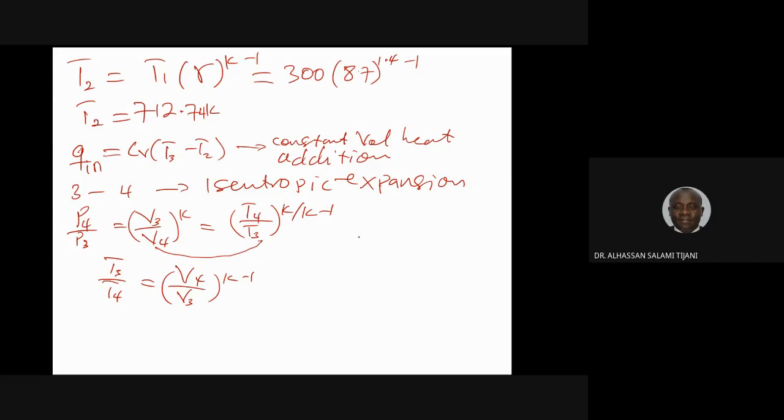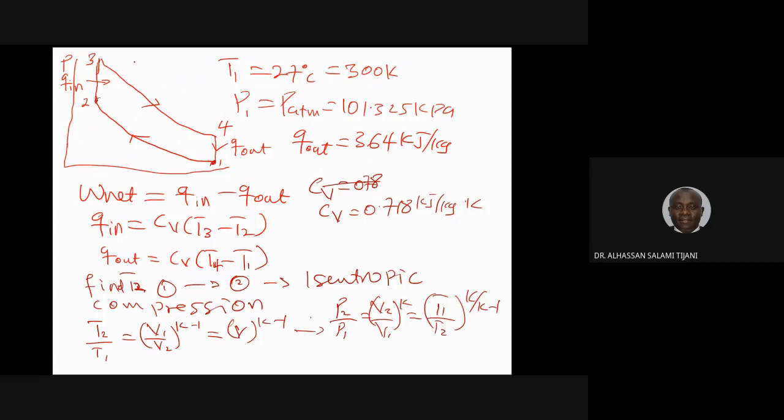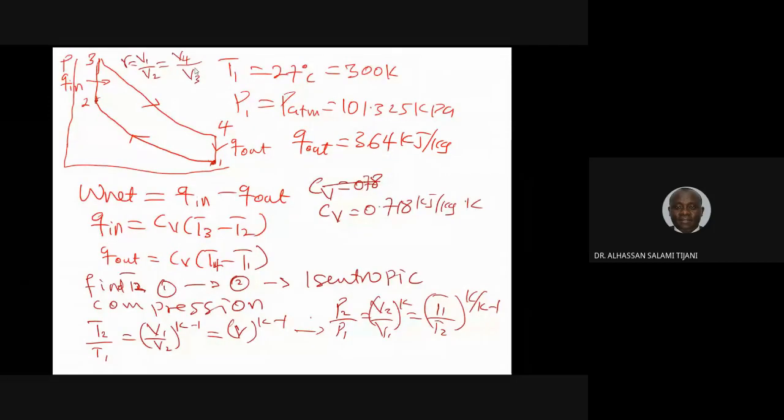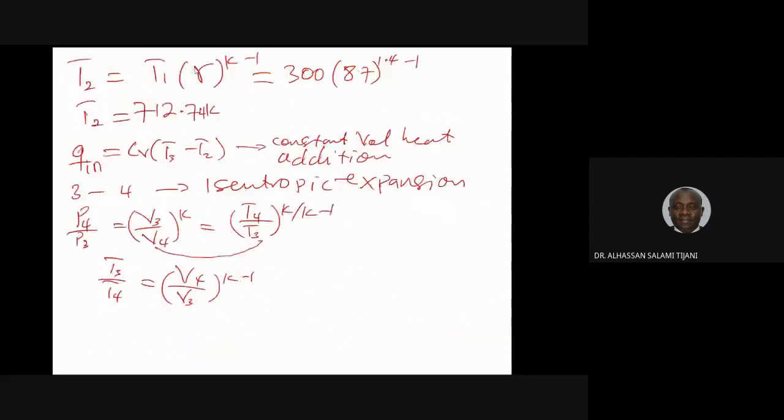But be careful over here. What is the definition for compression ratio? We have R equals V1 divided by V2. But this can also be expressed in terms of V4 divided by V3, because V1 and V4 are the same. So the compression ratio for both isentropic processes, compression and expansion, is the same.